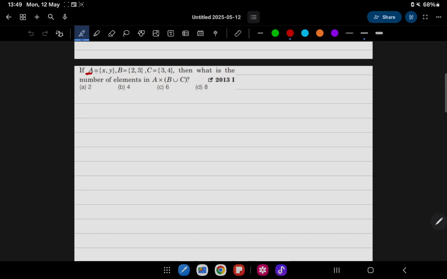Here A is a set of elements x, y, B is a set of elements 2, 3 and C is a set of elements 3, 4. Then what is the number of elements in A cross B union C? Our options are 2, 4, 6, 8. First we find B union C. B union C is equal to 2, 3, 4.